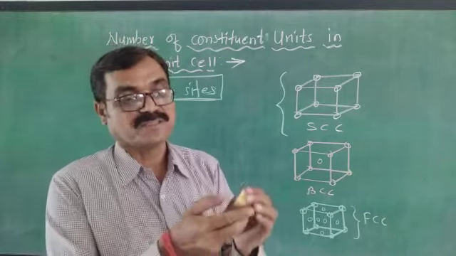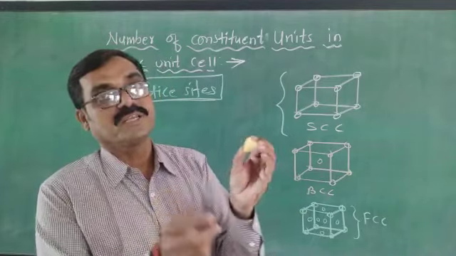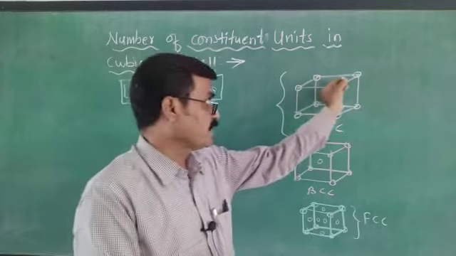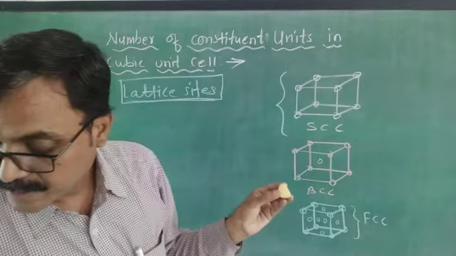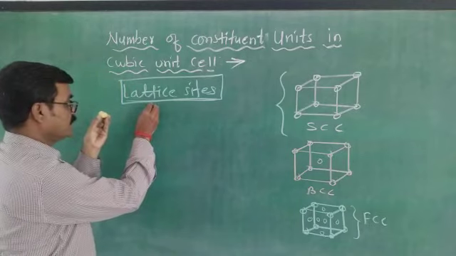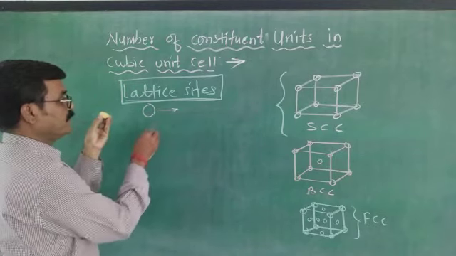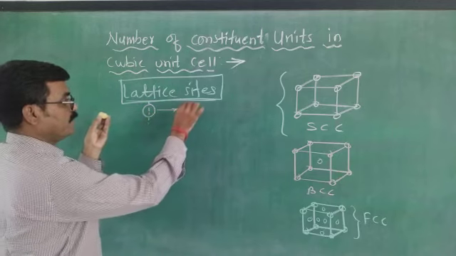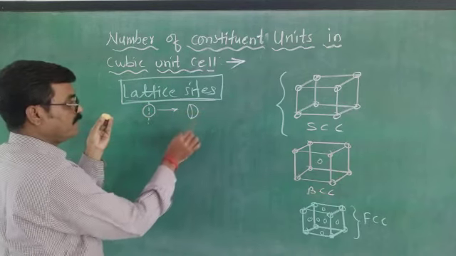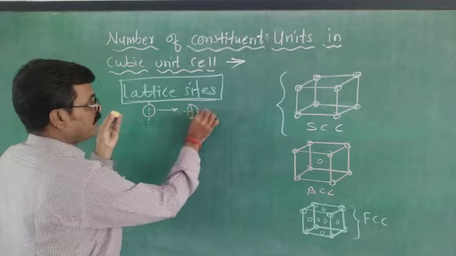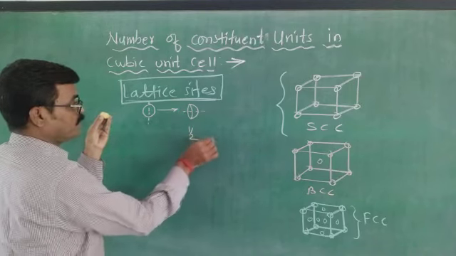See 3 faces, this is 1, 2, 3, and it is fixed at the corner. This is complete; if we cut it in half, then it will be half.